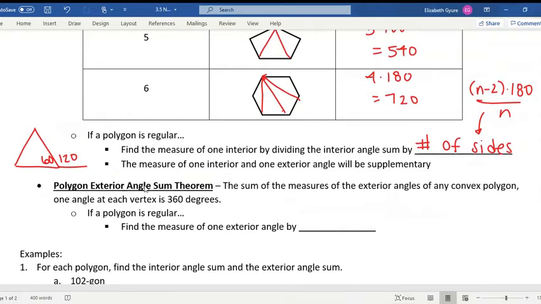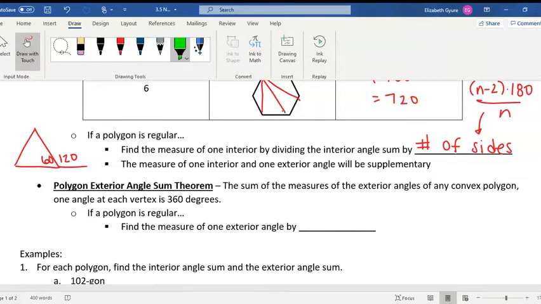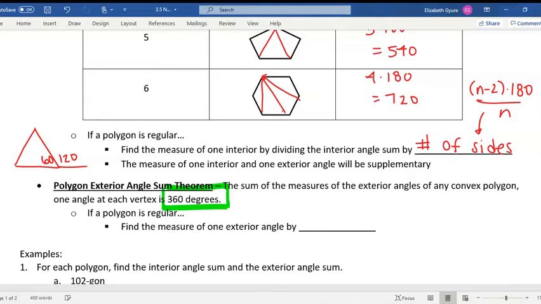Then we have a rule for our exterior angles. Polygon exterior angle sum theorem says the sum of the measures of the exterior angles of any convex polygon, one angle at each vertex, is 360 degrees. That's for all of them. Something to note, though, that if the polygon is regular, all their interior angles are congruent, which means all their exterior angles will also be congruent.